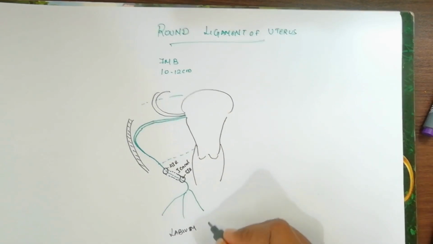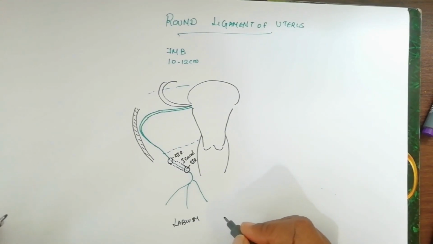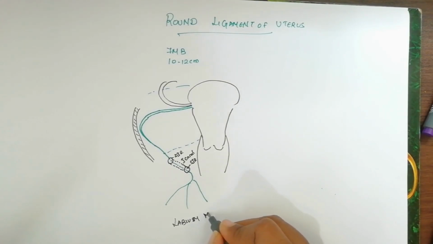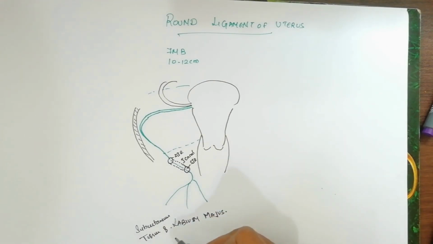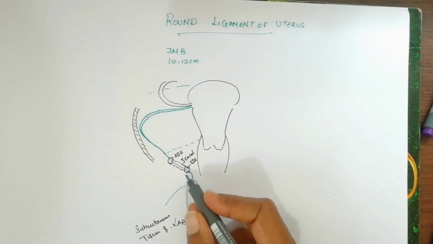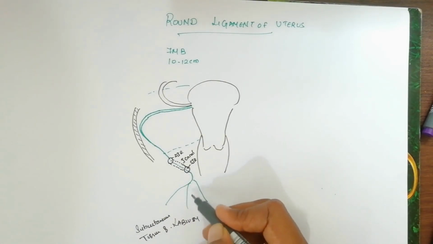In the labium majus we have got subcutaneous tissue. The subcutaneous tissue of the labium majus is giving insertion for this round ligament's fibrous bands.